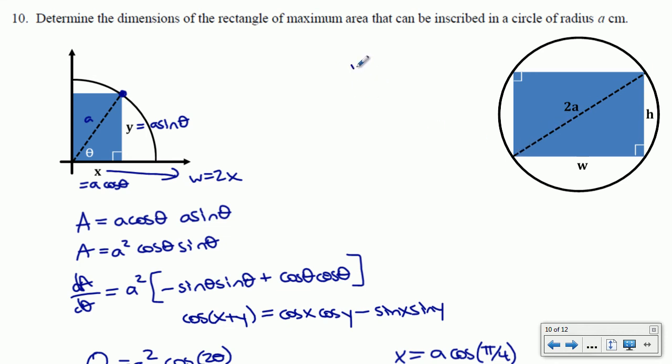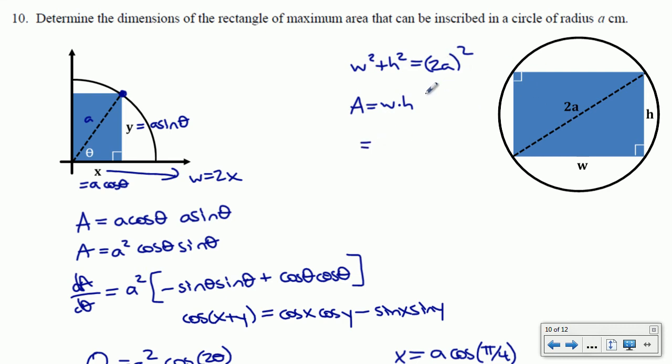So w squared plus h squared equals 2a squared. And also the area of the rectangle, because we're doing the full rectangle, is just going to be width times height.